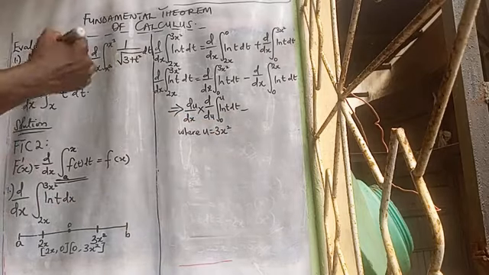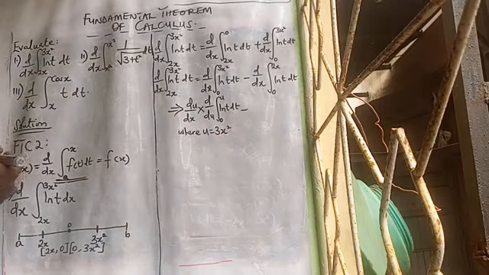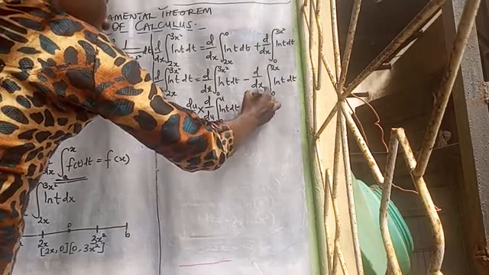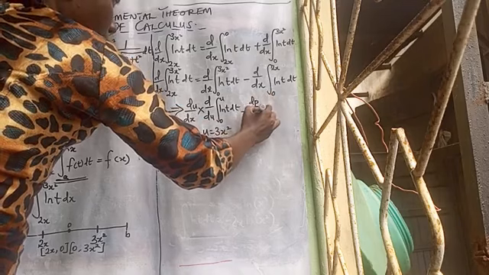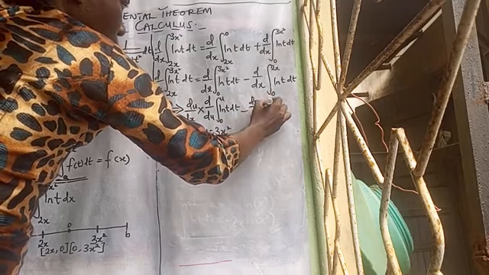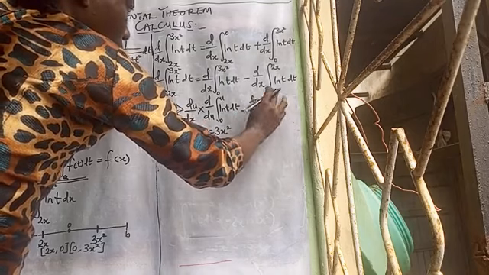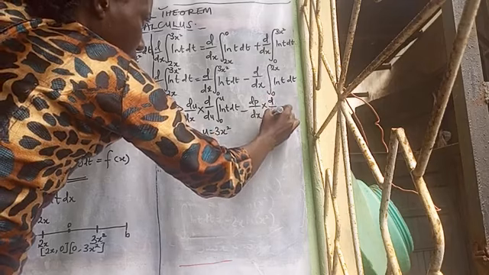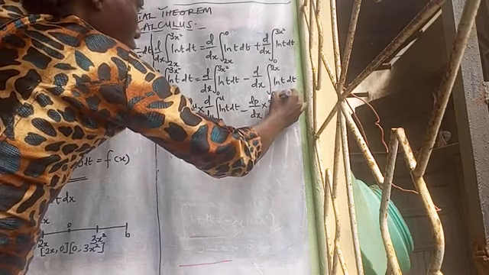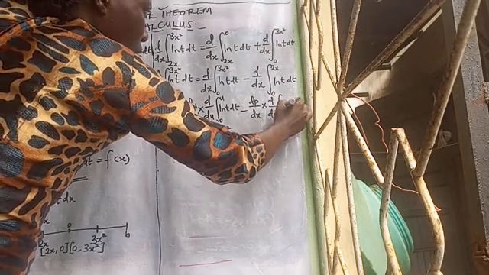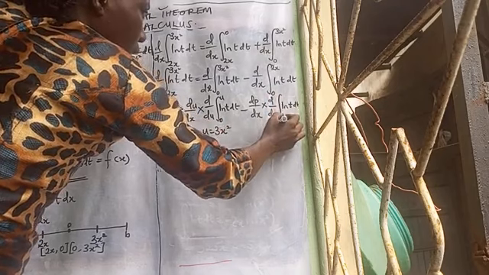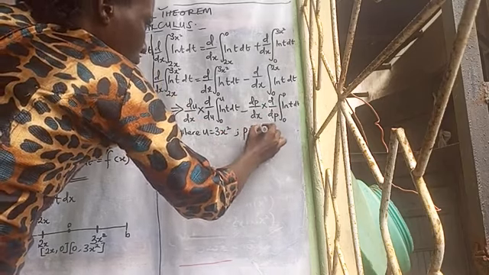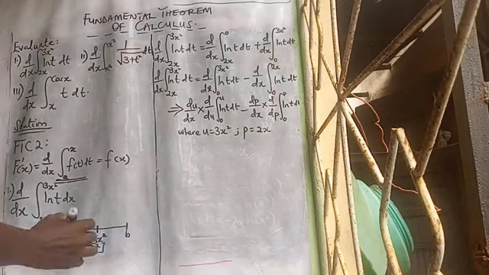So that I will avoid mix up of variables, I can say dp/dx times d/dp of the integral of ln t dt from 0 to p, and our p is 2x.